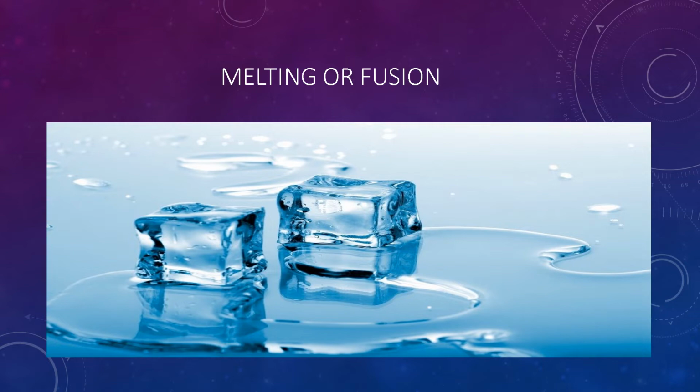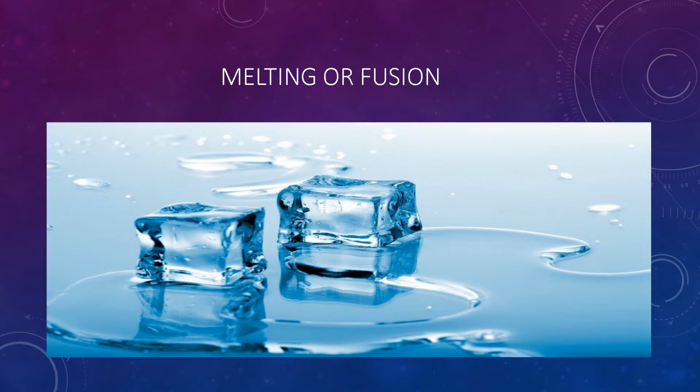This process is called melting or fusion. Again, just to mention the definition of melting: the process of conversion of a solid into its liquid state is called melting or fusion.